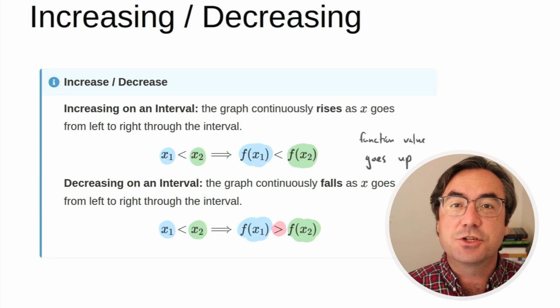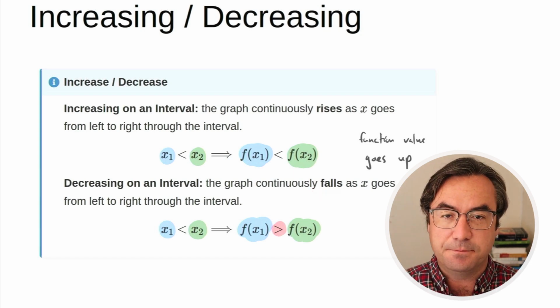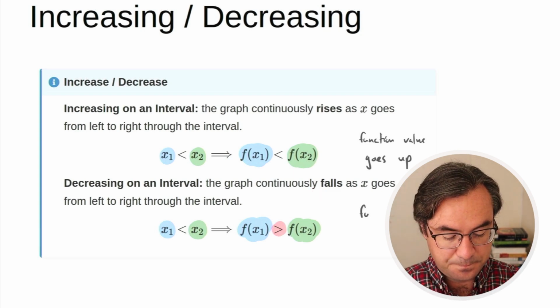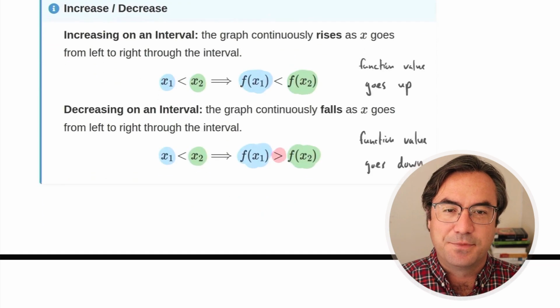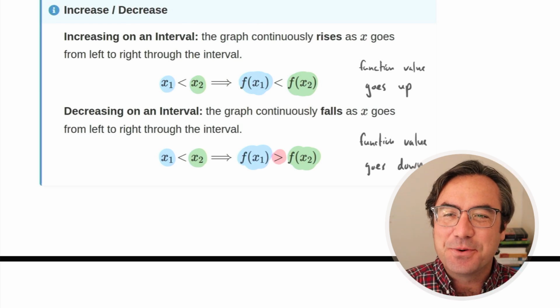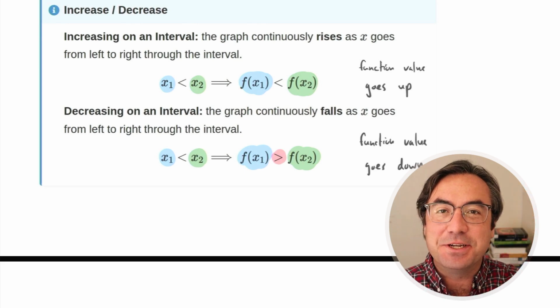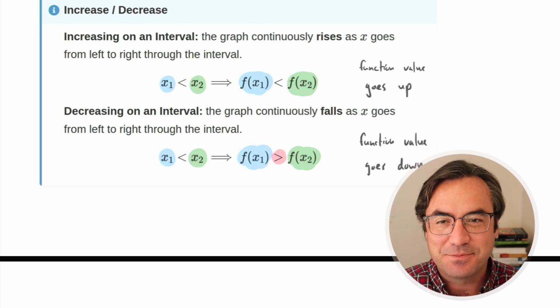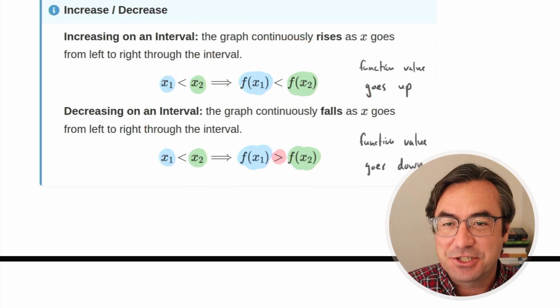A function's decreasing if our function values are falling. So increasing, our function is moving up. Decreasing, our function value is moving down. This is the precise definition of increase, decrease.